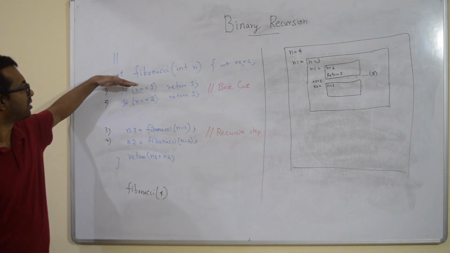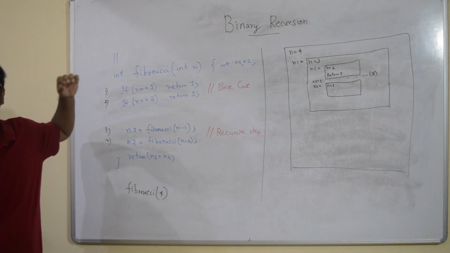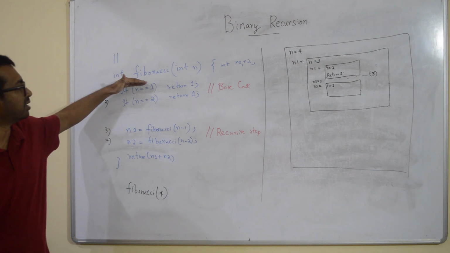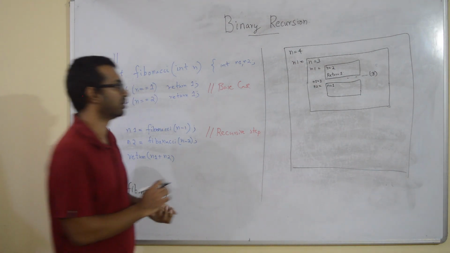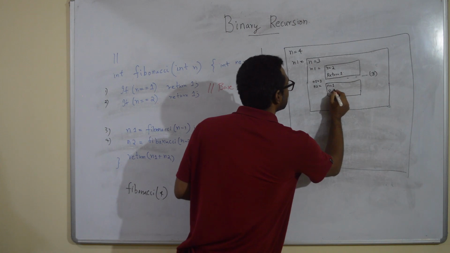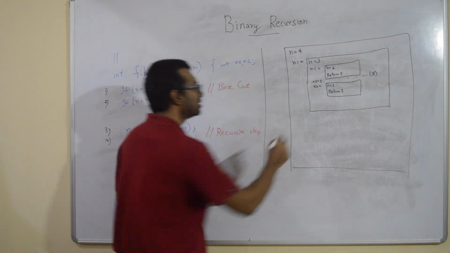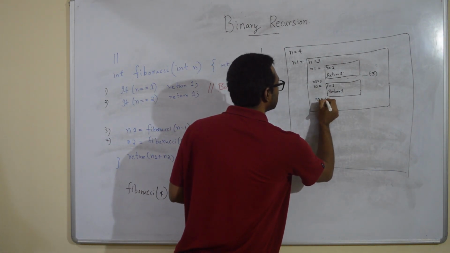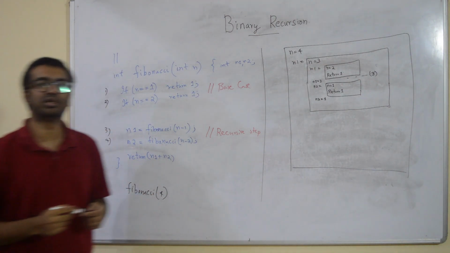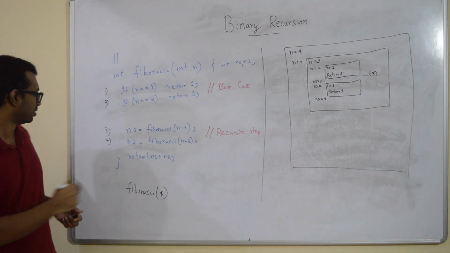Come here, if n is equal to 1, it's true. So this return 1 gets executed. So when return 1 gets executed, n2 is equal to 1. Okay.